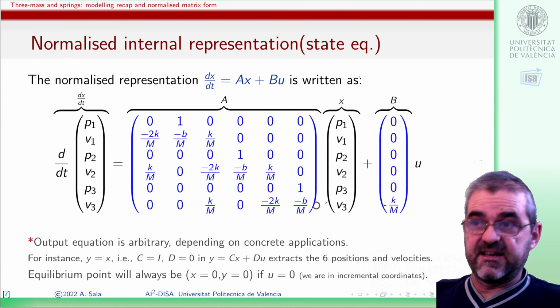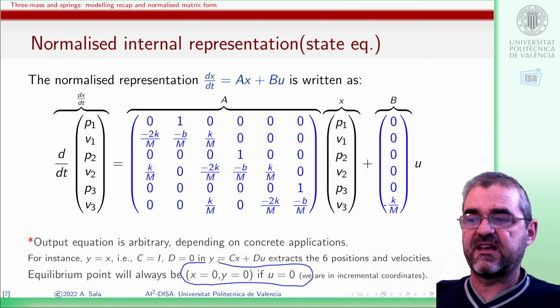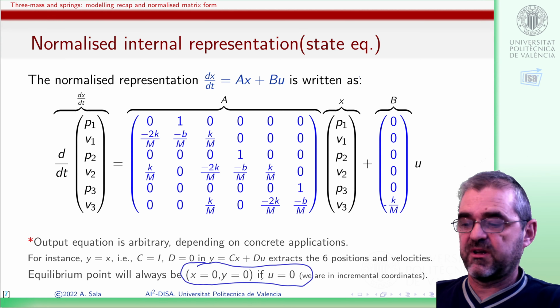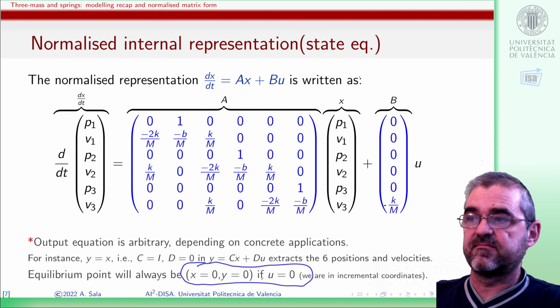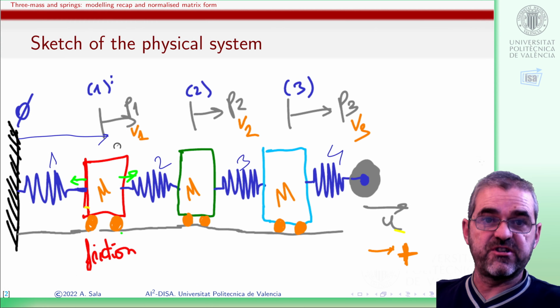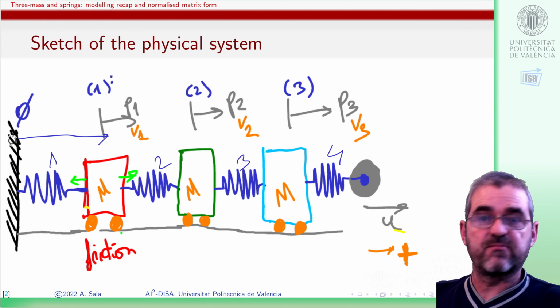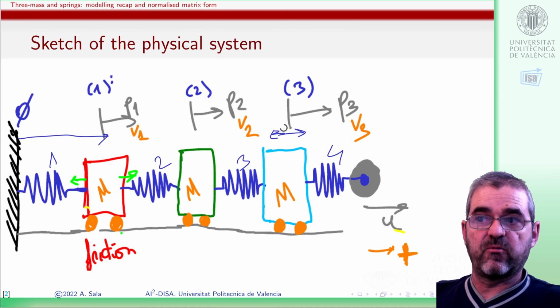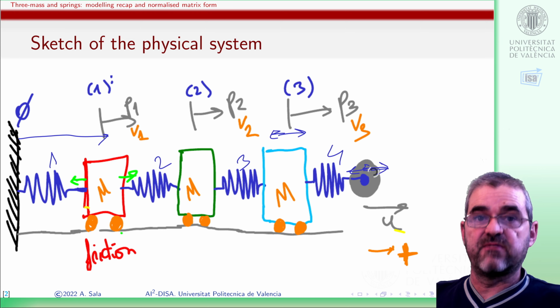But of course, this linear system will always have this equilibrium point, 0, because we are not interested in the actual positions, the distance to this black wall of the masses, but only in the small vibrations around its equilibrium when this thing vibrates.